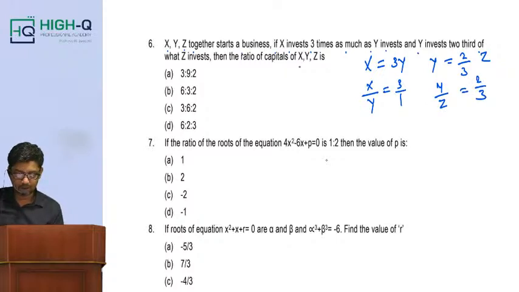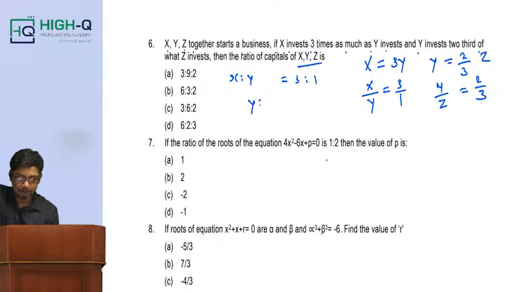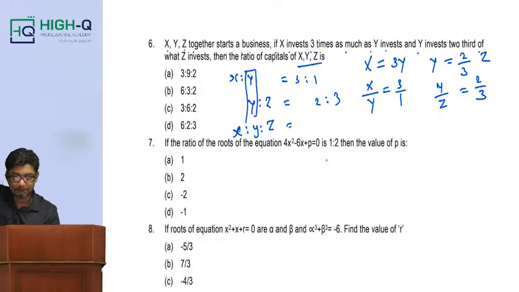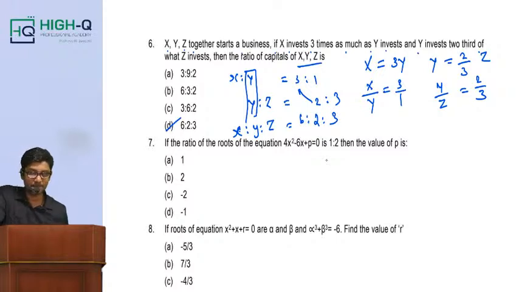Because they ask you to find the ratio between X, Y and Z. So X is to Y is 3:1 and Y is to Z is 2:3. Actually I'm going to find the joint ratio. When it comes to joint ratio, the second part and first part should be the same. So X is to Y is to Z equals 6:2:3. So our answer is 6:2:3, option D. Yes, continued ratio. Very good.